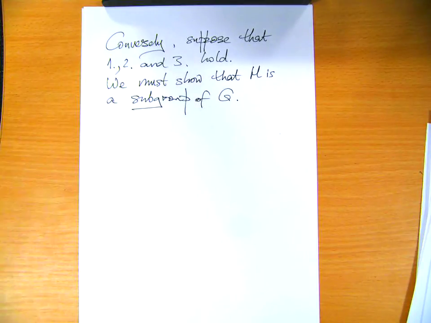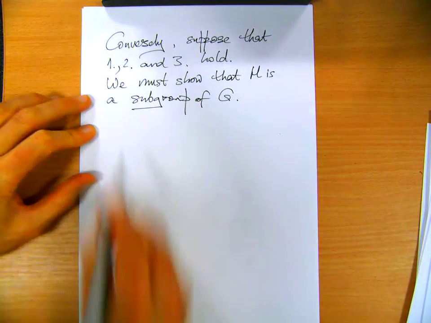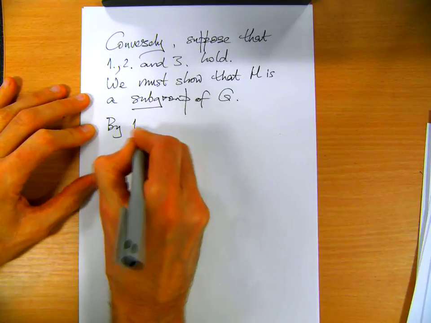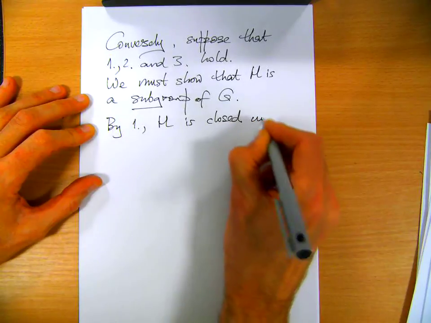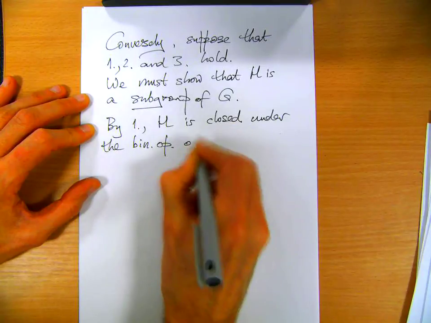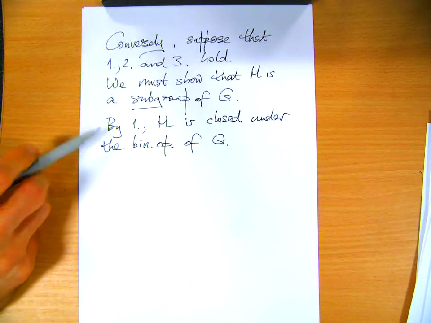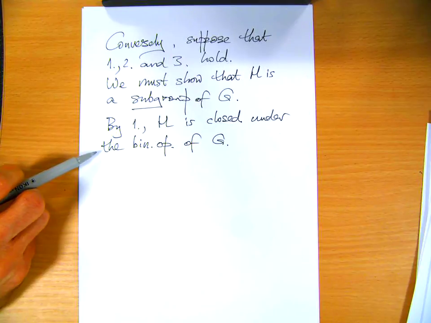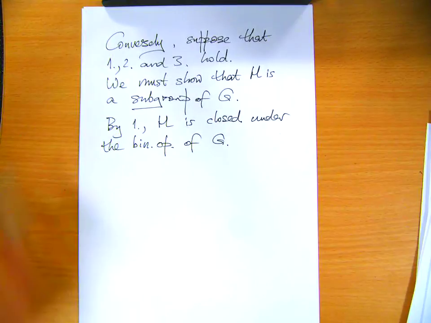So remember what 1, 2 and 3 were. 1 was closure under the binary operation. So by 1, H is closed under the binary operation of G. And that was part of the definition of being a subgroup. So what we've got to do now is check that under the induced binary operation, which is guaranteed by 1 holding, H is a group itself.